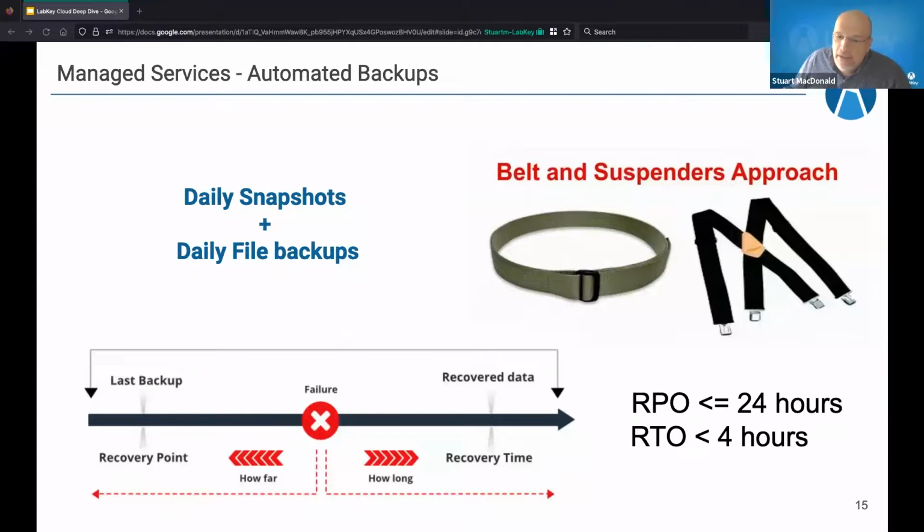On the recovery side, we gain the benefits of our automation that we talked about previously. And that, coupled with our cloud provider advantages, allows us to shorten the recovery time objective. So what does this mean? Well, it means that LabKey Cloud has a recovery point objective of 24 hours or less, and a recovery time objective of 4 hours or less.